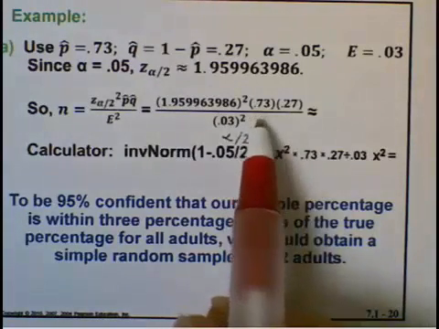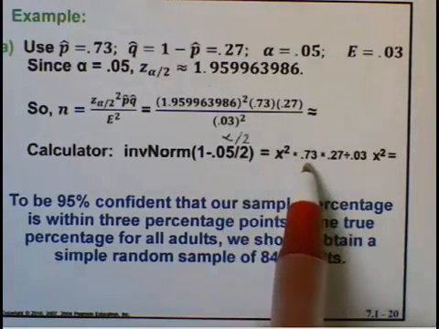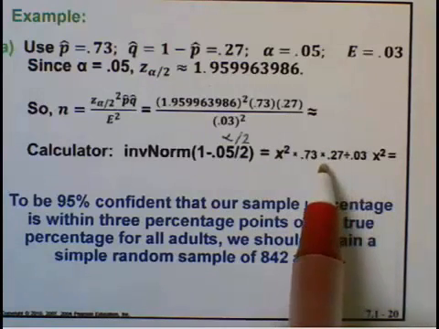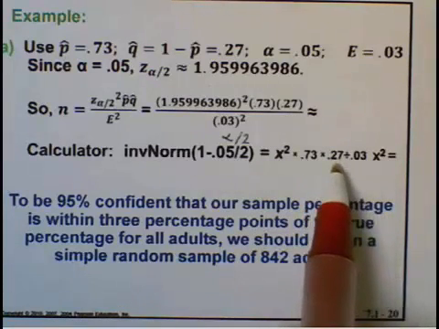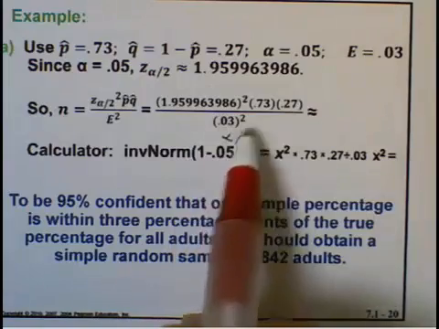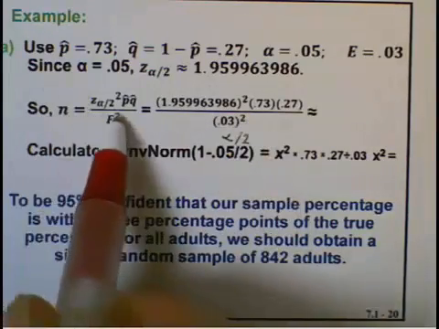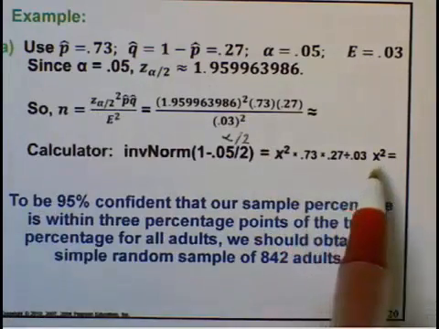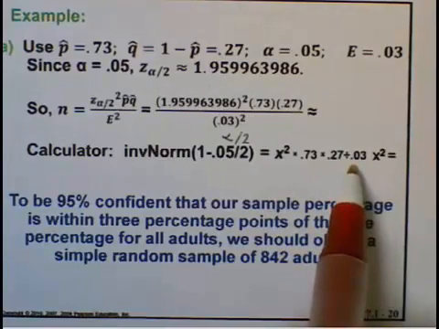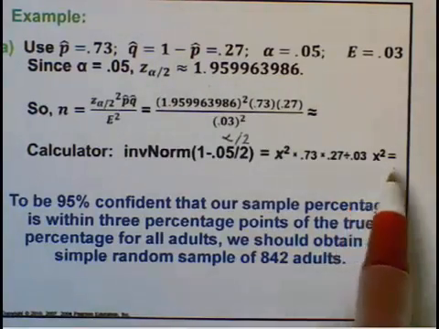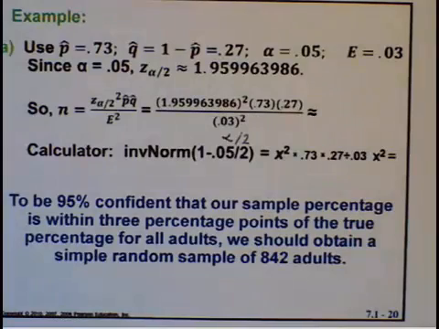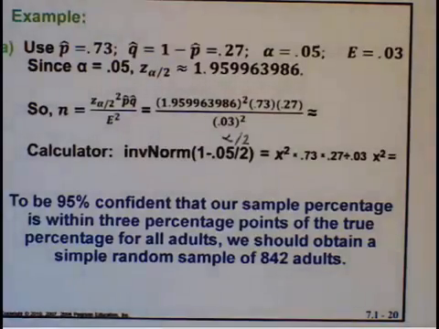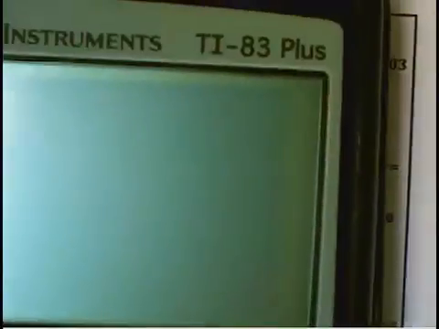And then multiply it by my p hat, multiply it by my q hat, and divide by the value of e squared, because that's what's in the formula. So divide by 0.03 and then the square button and then hit equals again. Let me show you exactly what that looks like on the calculator, because this does take just a little practice entering on the calculator.